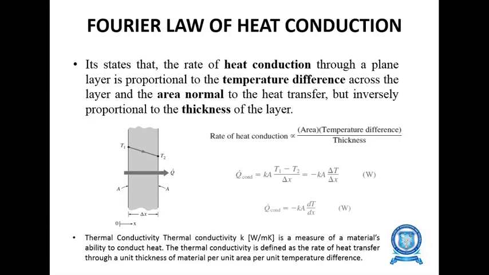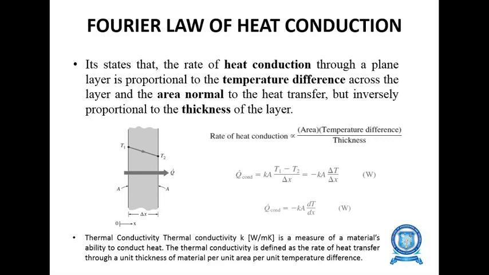Therefore, Fourier's law states Q conduction is equal to minus K A dT by dX, where dT by dX is the temperature gradient. The thermal conductivity is an important parameter in conduction heat transfer, which is defined as the ability of a substance to conduct heat.